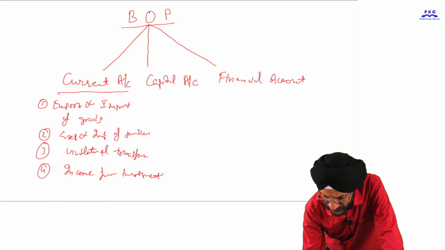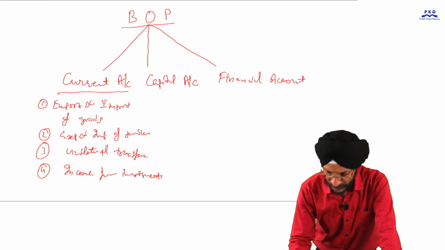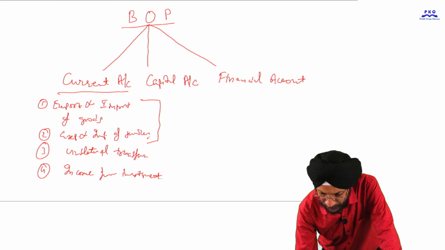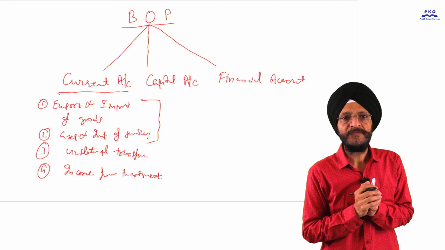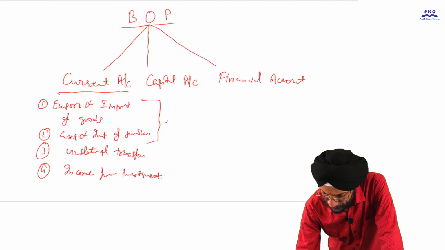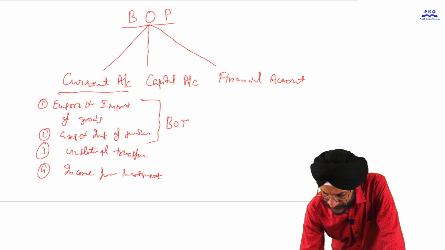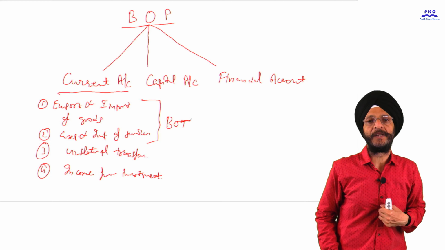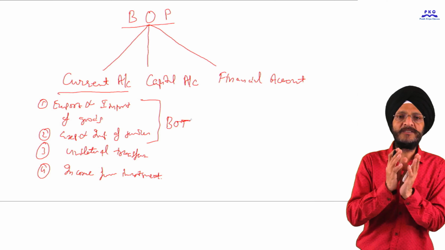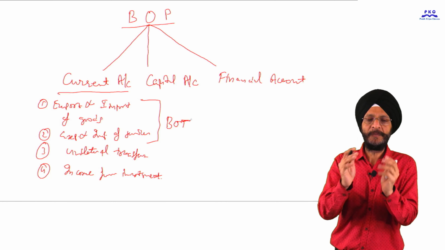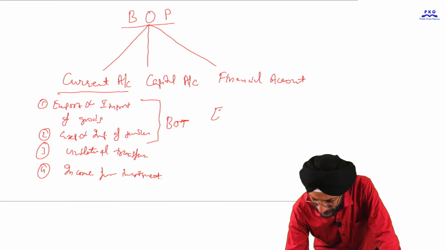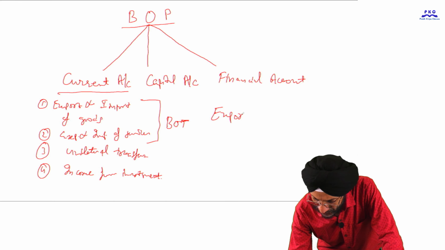So now we are discussing balance of payment. These two, export and import of goods and export and import of services, are related with the concept of balance of trade. That is, balance of trade is the difference between export and import.